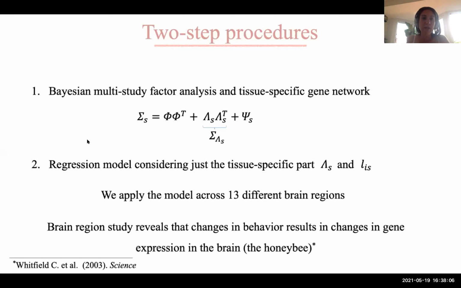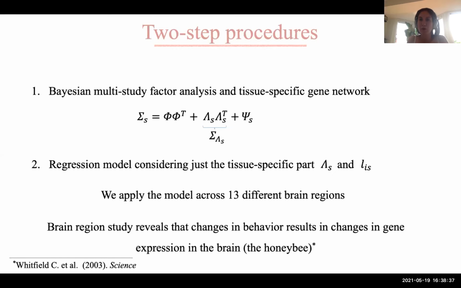Then we will perform a regression model, but now we are not considering all the data anymore, but just the tissue-specific part that I am estimating from the Bayesian framework. This is the part that I estimate, called Lambda S, the study-specific factor loadings, and L_iS, the latent study-specific component.